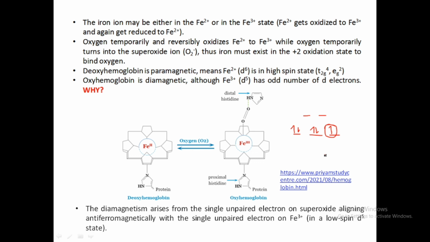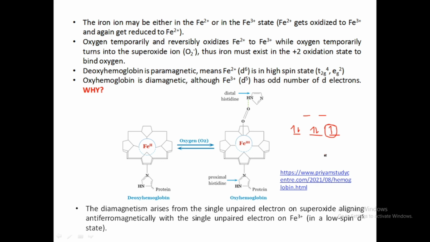So let's come to the answer. It's a very simple answer. The phenomenon is termed antiferromagnetic coupling. The diamagnetism arises from the single unpaired electron on the superoxide anion. We have just seen it is O2-, each oxygen carrying a charge of -1/2.